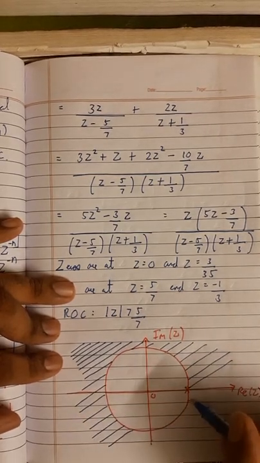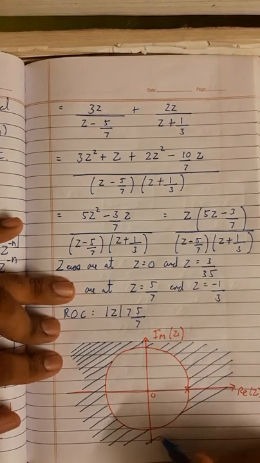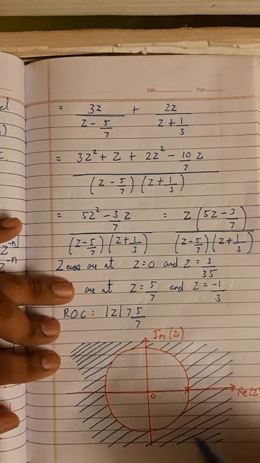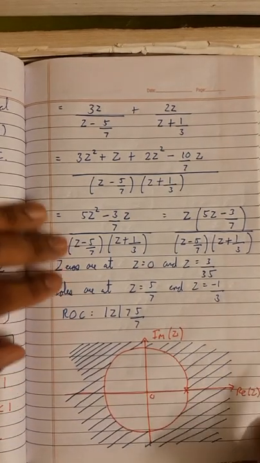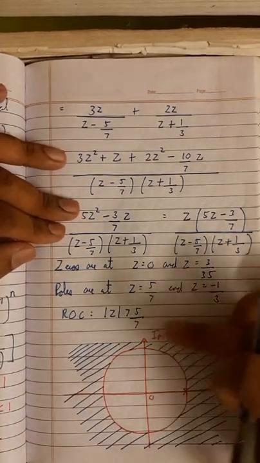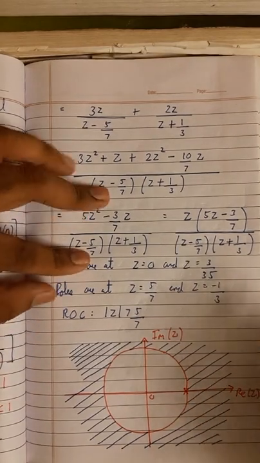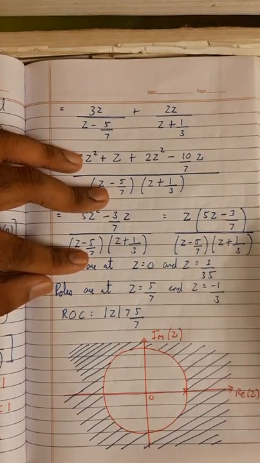In the exam, don't waste too much time in drawing the lines. This is not a painting competition or anything. Okay, as much temptation as you get, do not waste your time drawing too many lines. Just it's understood that the ROC is outside the circle, so simply shade quickly. Okay, so this is your ROC. This shaded region is the ROC.